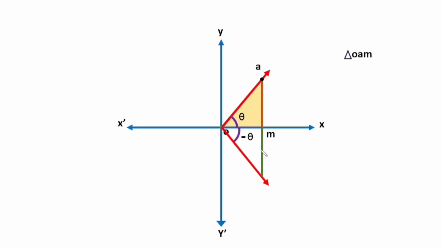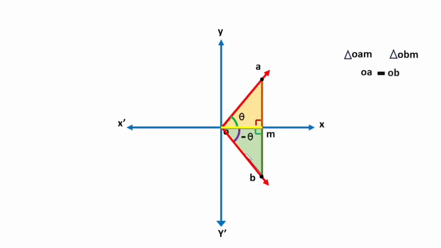The produced AM touches the ray of negative theta at point B. So we have got another right angle triangle, that is OBM. Both these triangles have a common base, that is OM. Now let's find out what similarities these two triangles have.